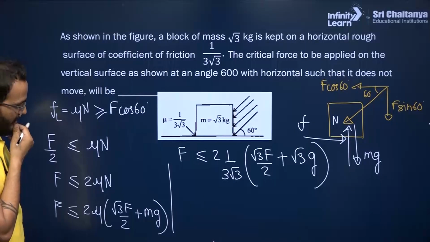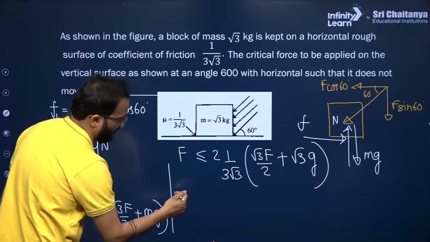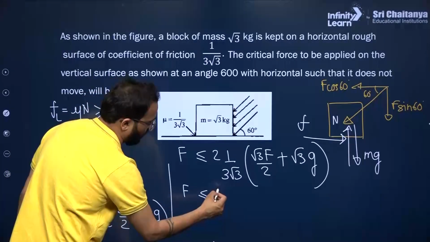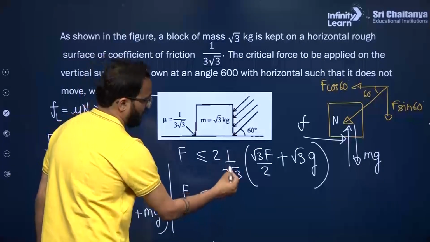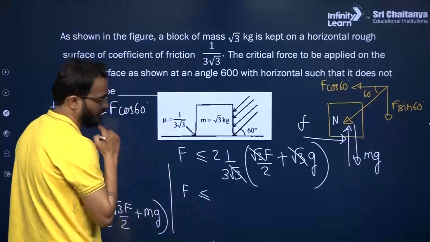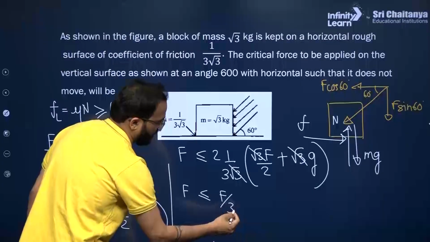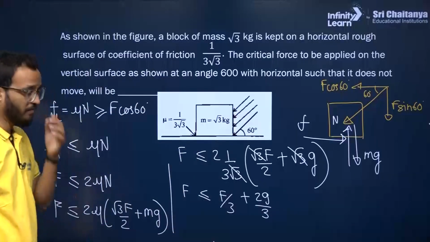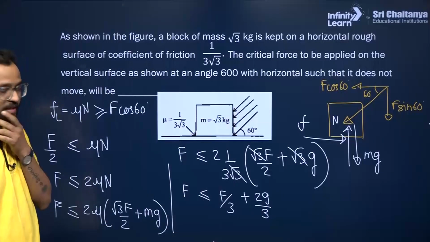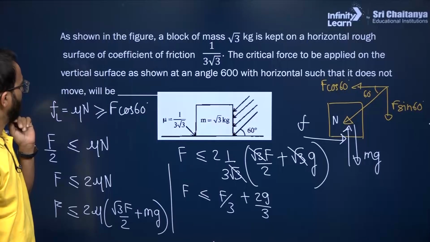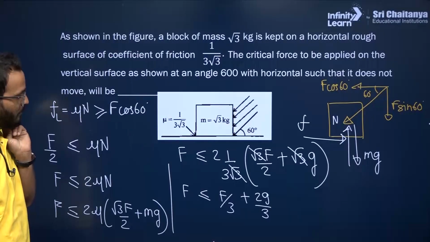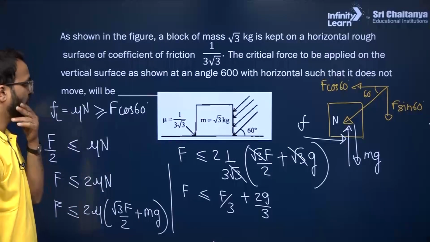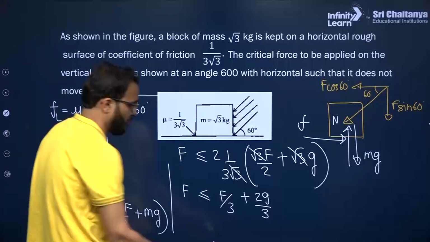So it will be F by 3 plus 2g by 3. So it will become 2F by 3 is less than or equal to 2g by 3.